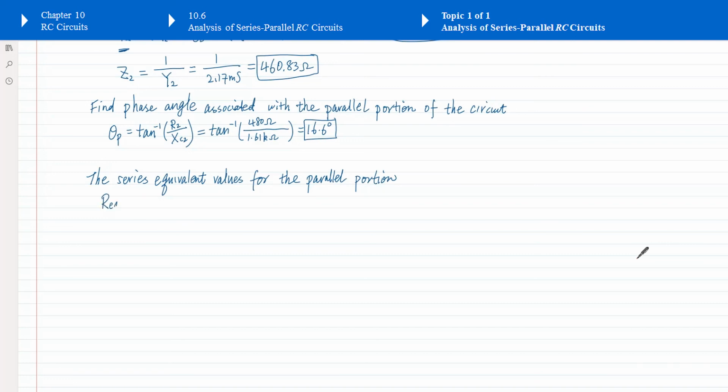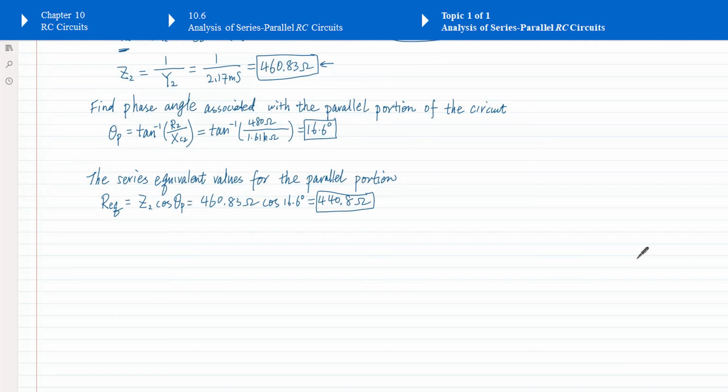So Req, the resistance component of the parallel circuit, is Z2 cosine theta P, equals the impedance 460.83 ohm multiplied by cosine of 16.6 degrees, which equals 440.8 ohm. This is the resistive portion of the parallel circuit.